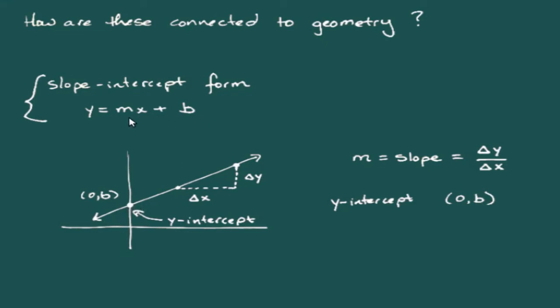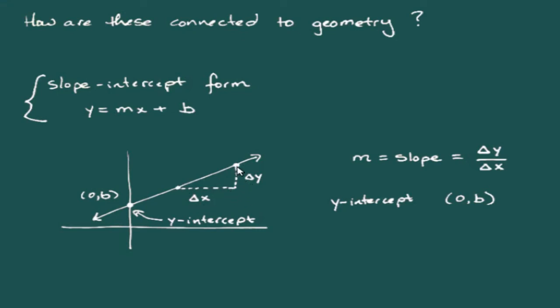Then for the other character in our form, the number m is standing in for the slope of the line. And just to remind you of what the slope is, if we pick any 2 points on that line and imagine moving from one point to another, the change in x is just how far we would move horizontally.